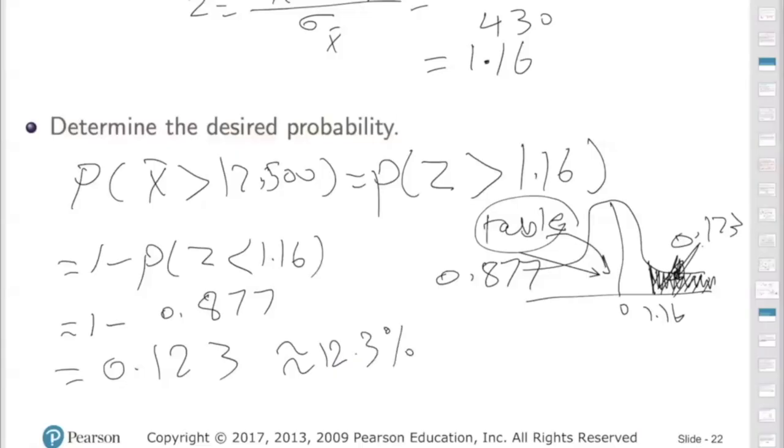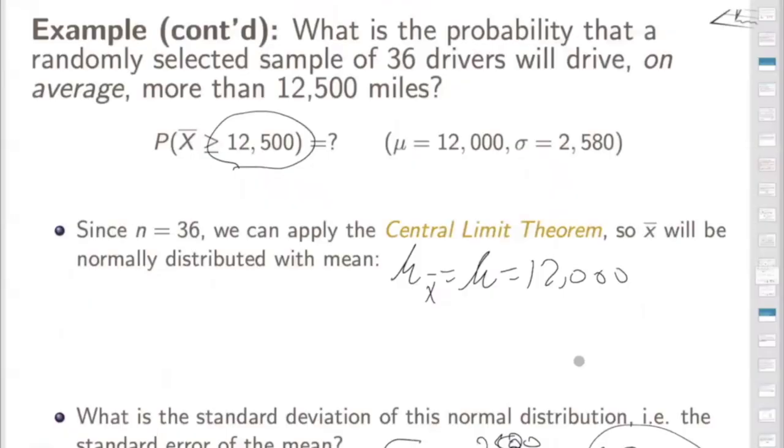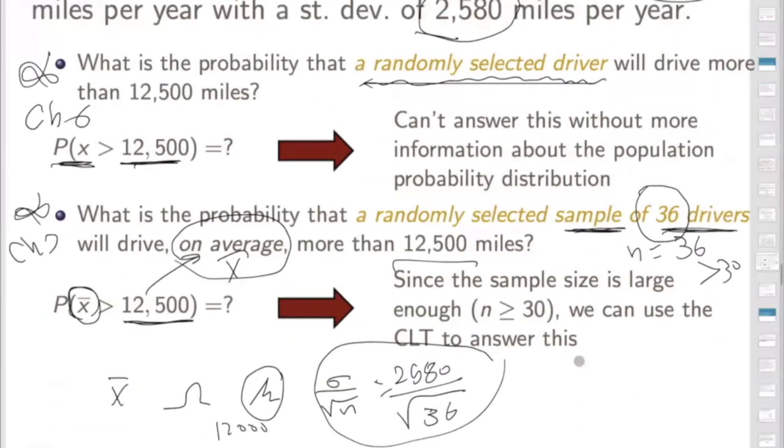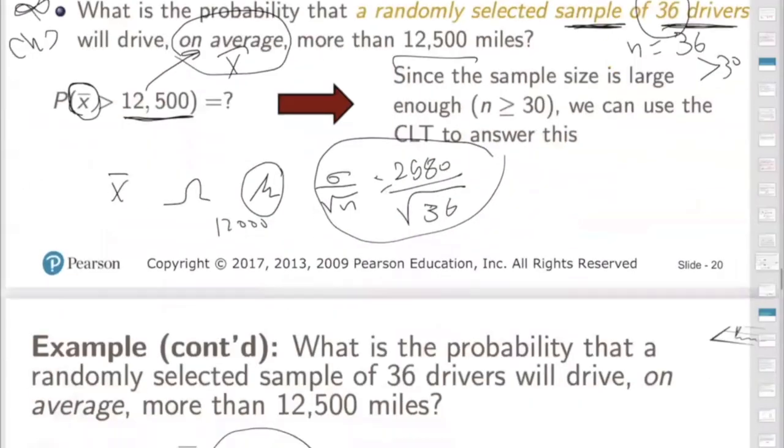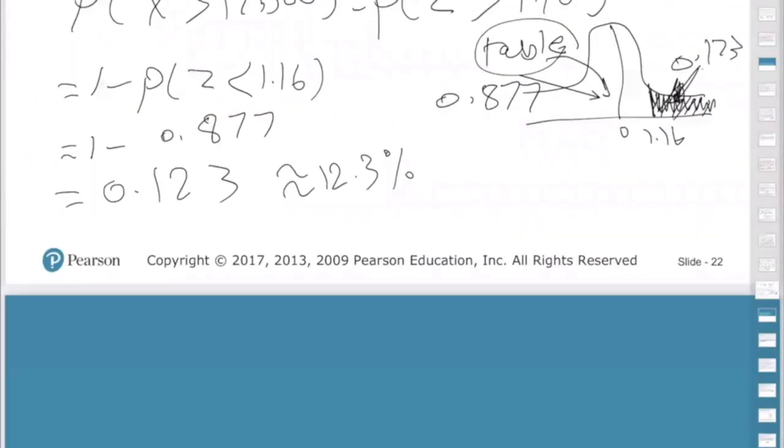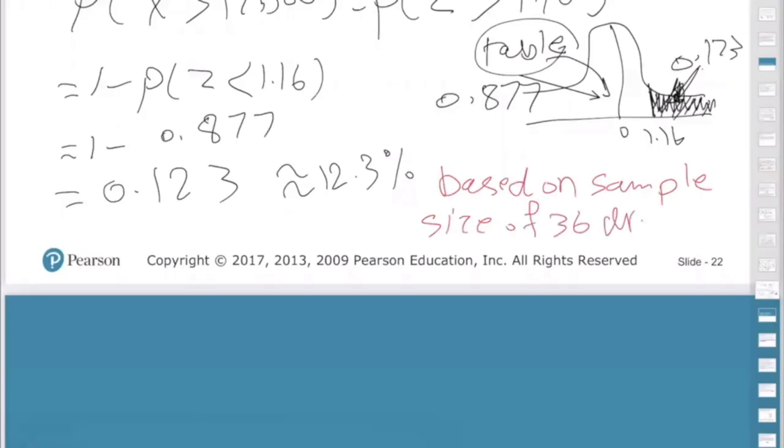So this is the probability that, on average, as you can see in the question here, 12.3% on average. 36 drivers will drive more than 12,500 miles based on these calculations. Okay, so we can say here based on a sample size of 36 drivers.